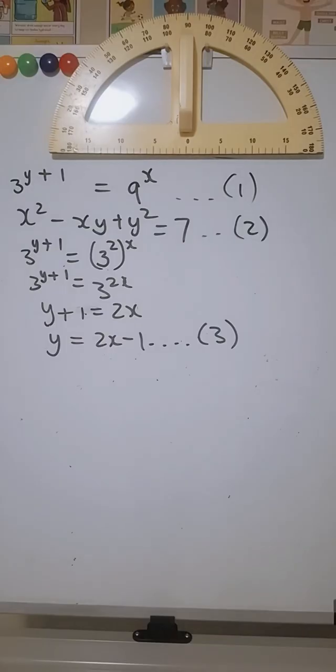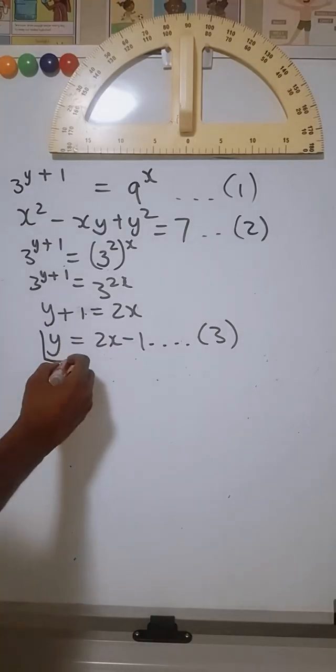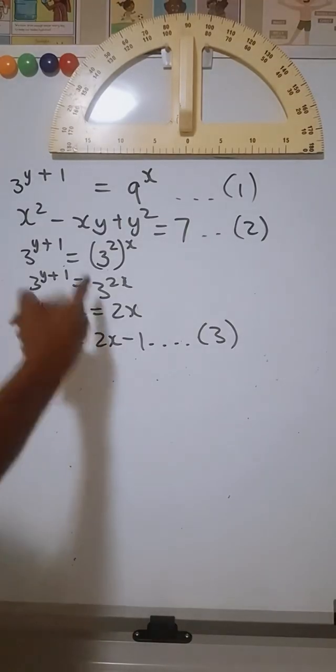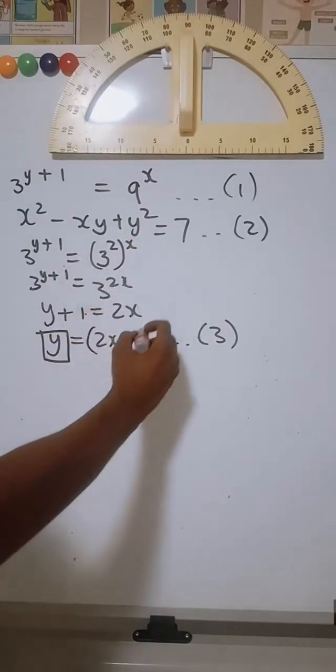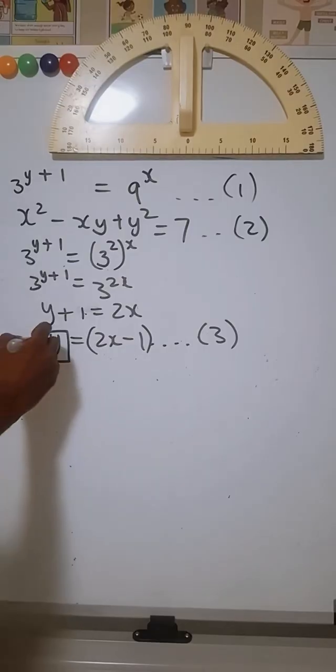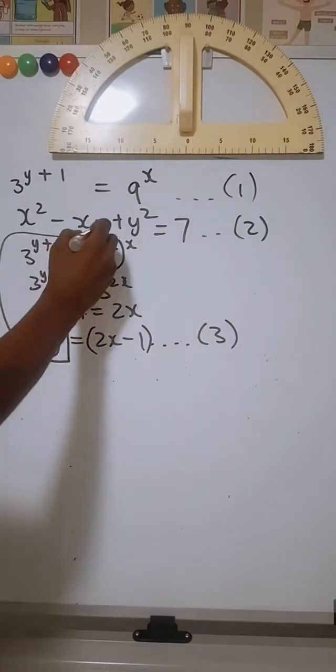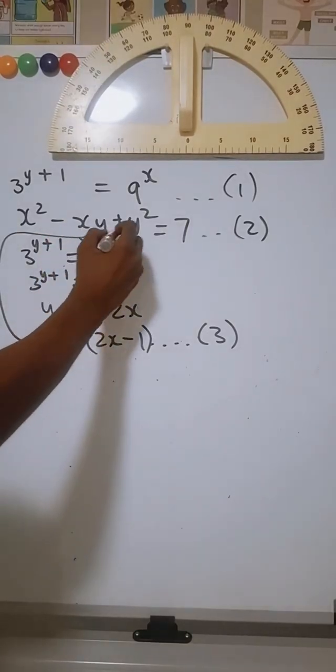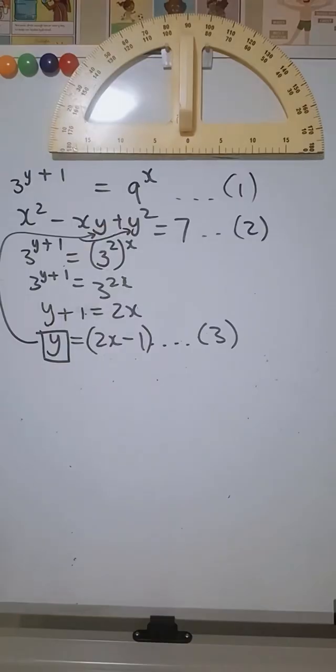That means where y is in equation 2, we substitute in brackets 2x minus 1. So where y is, we are going to substitute 2x minus 1 in brackets.